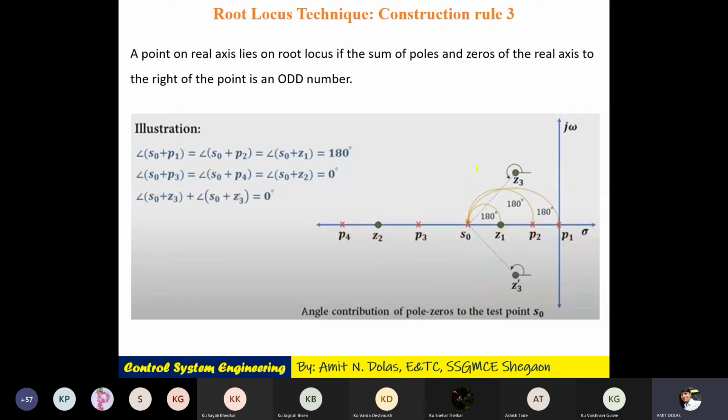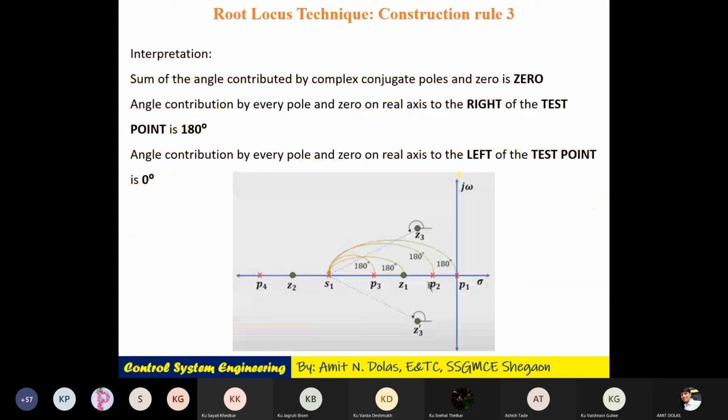Then we will take another test point. Let's see, I took test point S1. We will do the same analysis on this. Same system, but I changed the test point to S1. Now check the P1 angle. P1 angle is 180. P2 angle is also 180. Z1 angle is 180. P3 angle is 180.